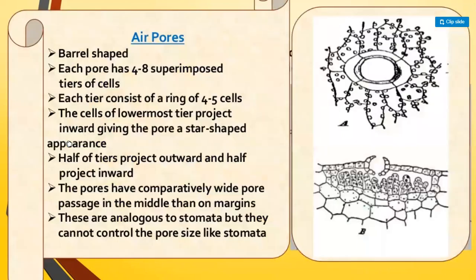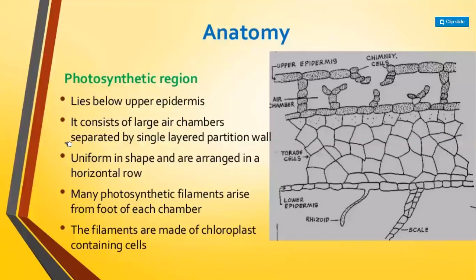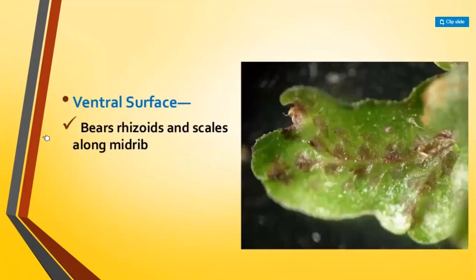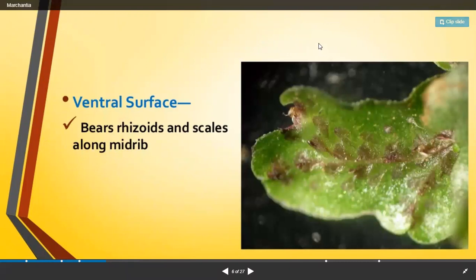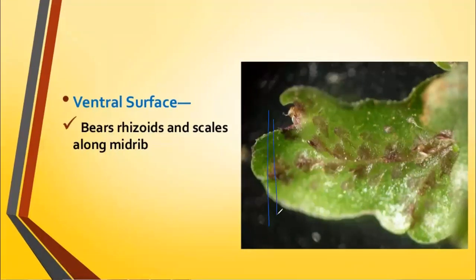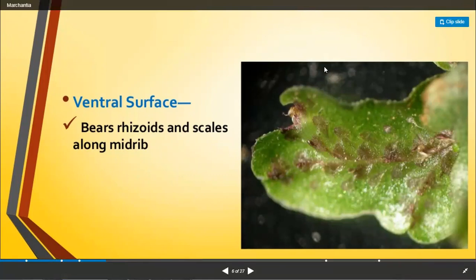Okay, so now we are going to study the internal anatomy of Marchantia. When you consider the internal anatomy of the Marchantia plant, when it is cut vertically and the section is observed under the microscope, you can find that there are a number of cells arranged overlapping with each other, and you can differentiate these cells into different zones.